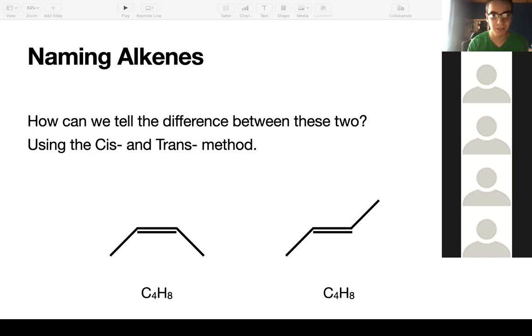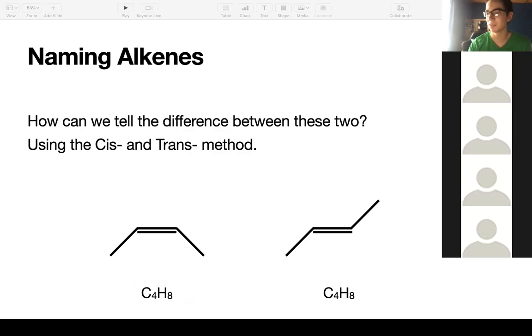Let's see what I have next. So naming alkenes. If we look at the empirical formula for these two down here, they're both C4H10. But how can we tell the difference between these two? We could tell the difference using the cis and trans method.